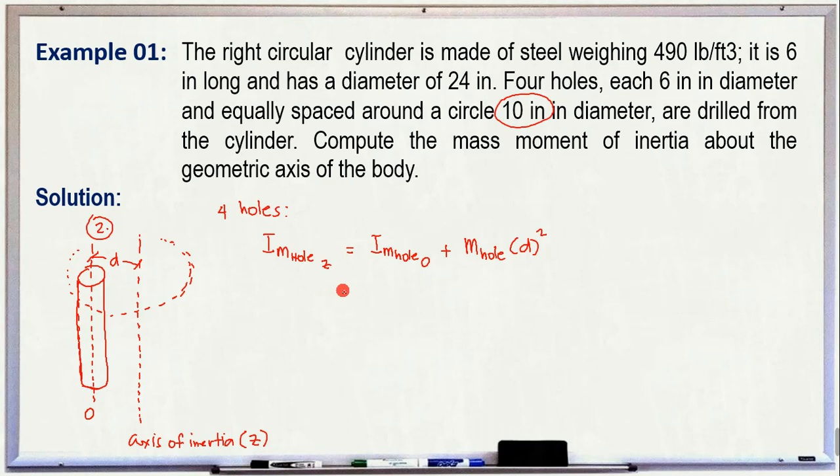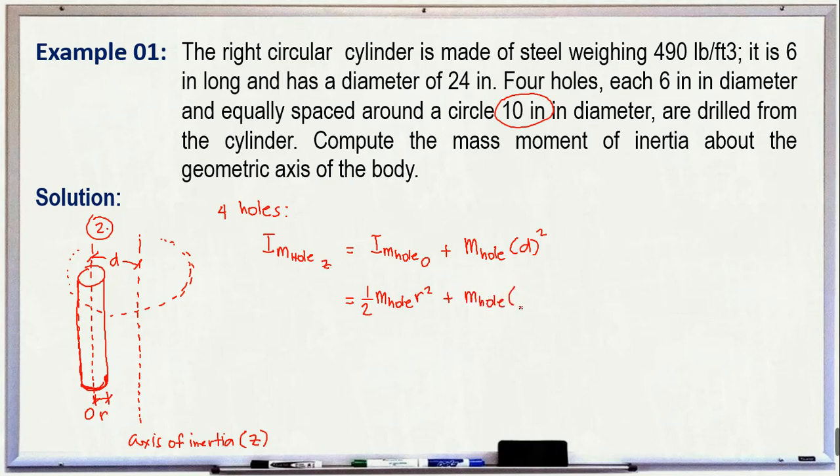So, that's it. Next, the mass moment of inertia of this hole along its centroidal axis, we already know that. Because this one is a cylinder. And we already know the formula for the mass moment of inertia of a cylinder along its geometric axis. That is 1/2 times the mass of our hole times the radius of our hole. So we have here the radius, small r, of our hole. So that is r squared plus the mass of our hole.